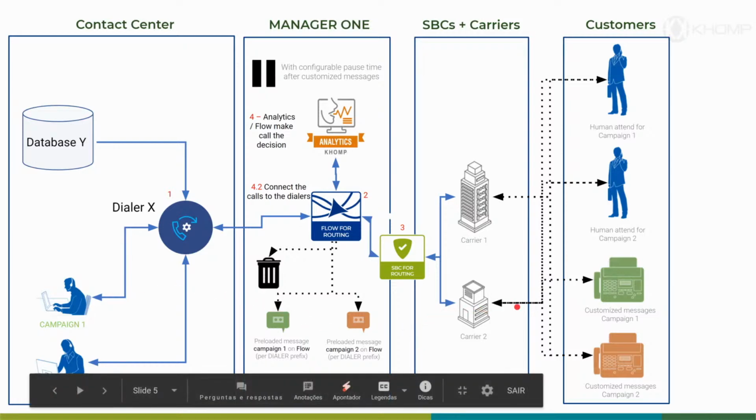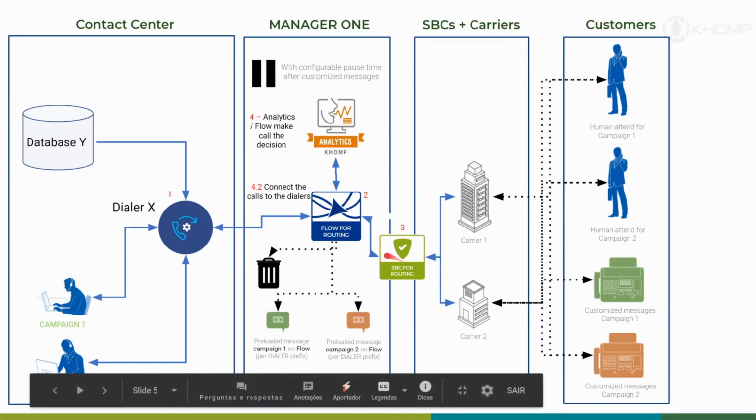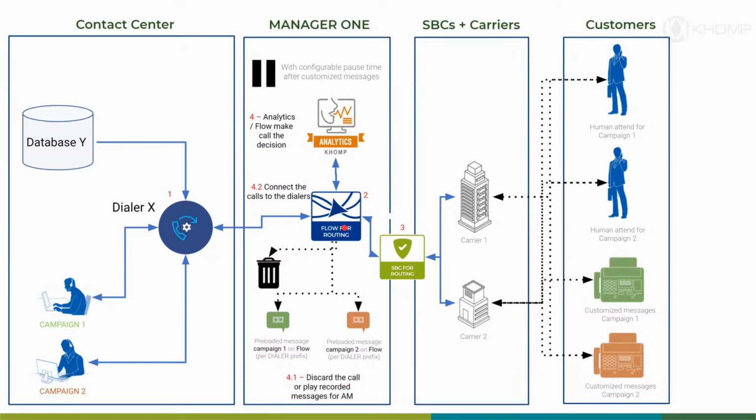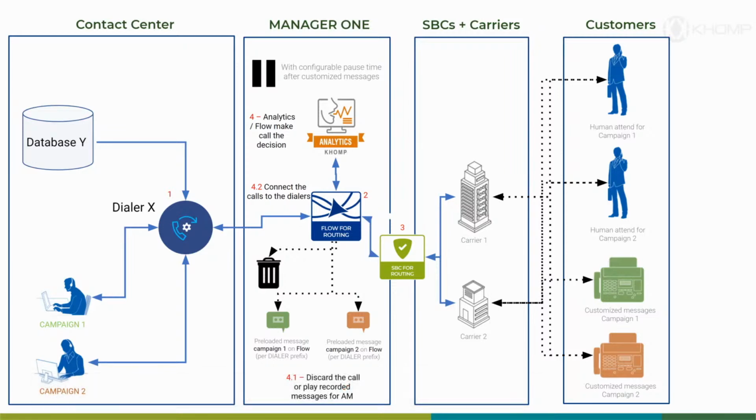But if it's an answering machine, a noise, a short human answer, an undesirable call in general, because we read the voice and not the text, then the flow plus the analytics make the decision: it's trash, it has to be discarded, and a recorded message has to be executed as an answer, avoiding sending it back and connecting to the dialer and to the campaign, to increase the accuracy of your reports and the number of desirable calls only for the agents behind the campaigns.